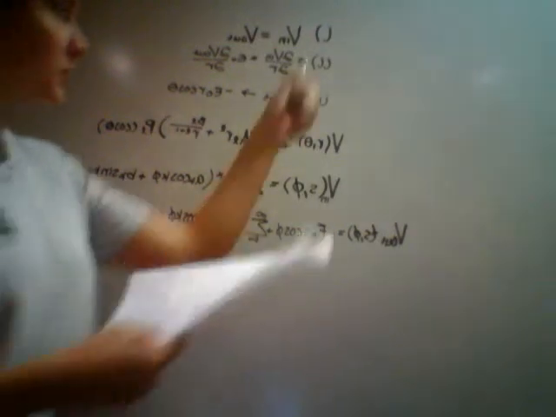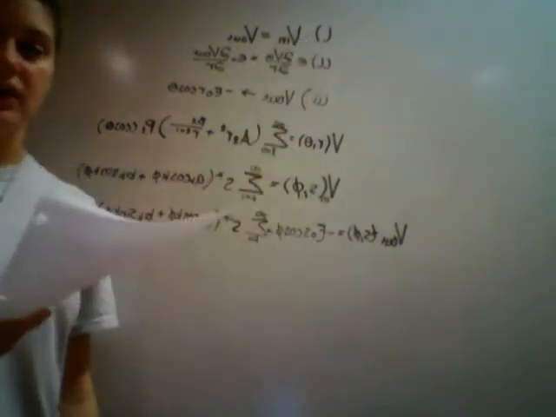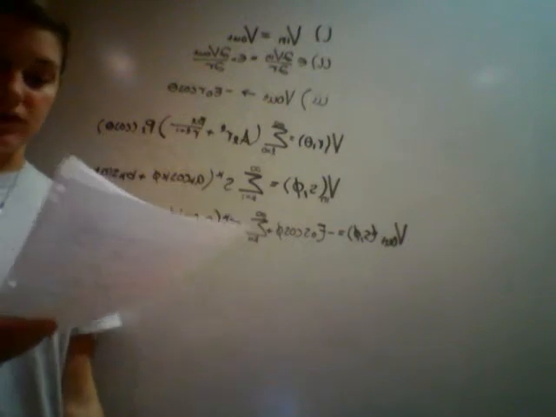Based on our boundary conditions, the first thing we want to do is set V in equal to V out.